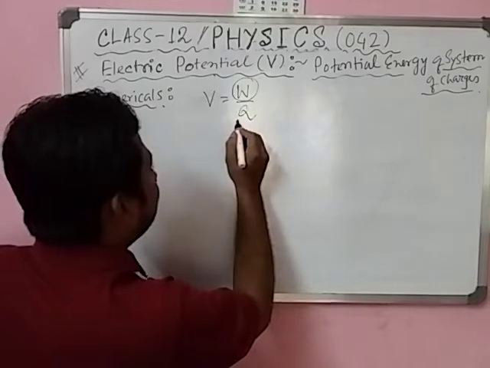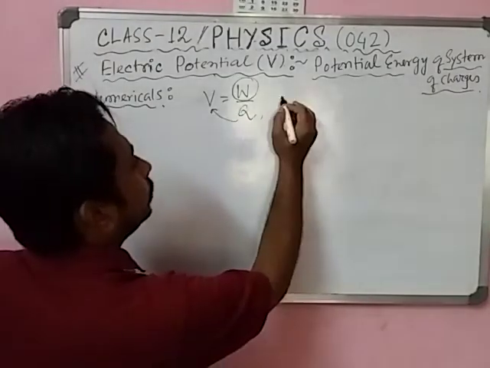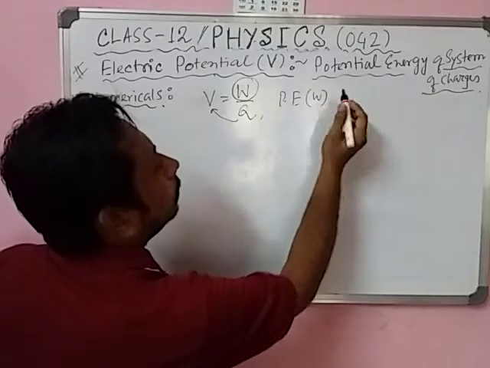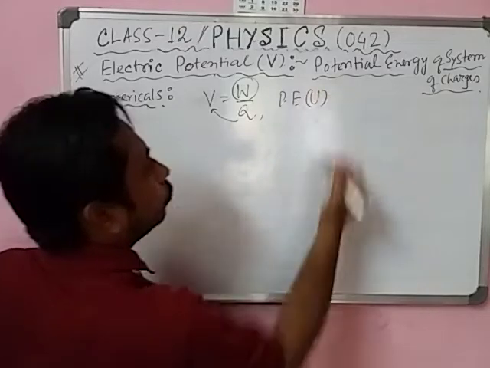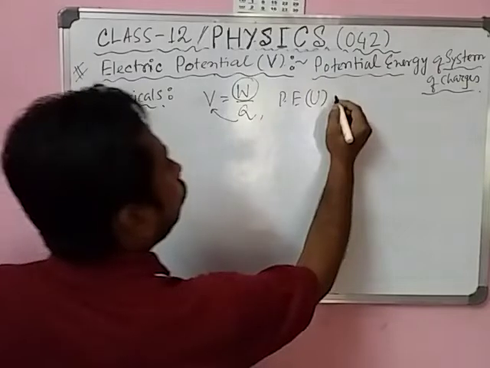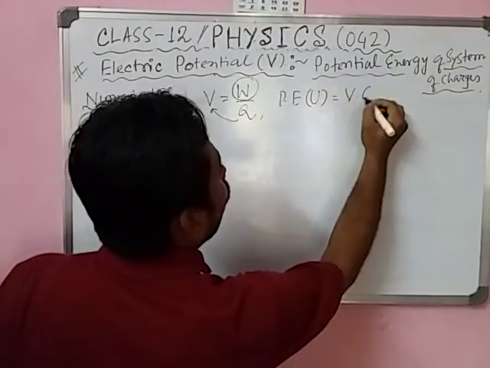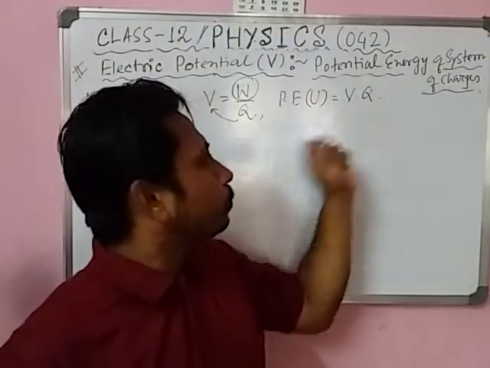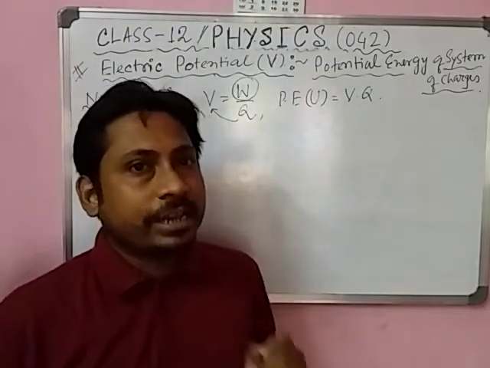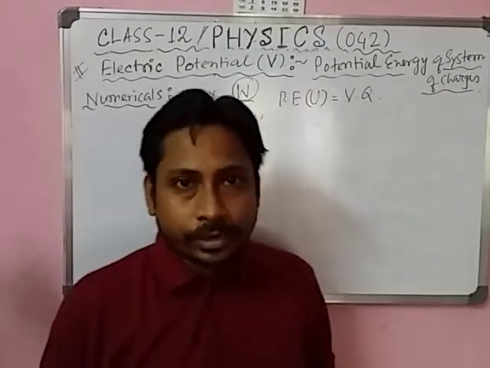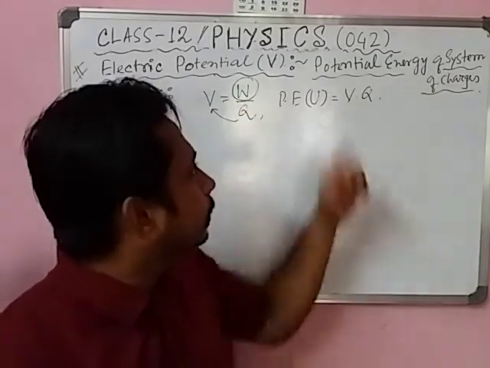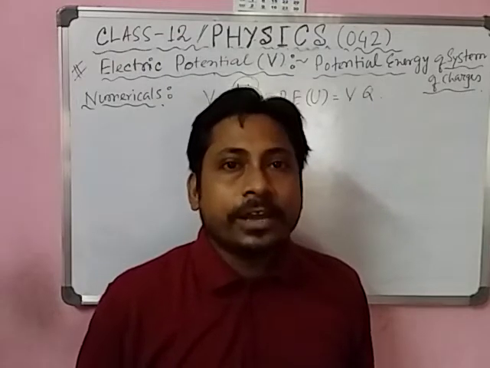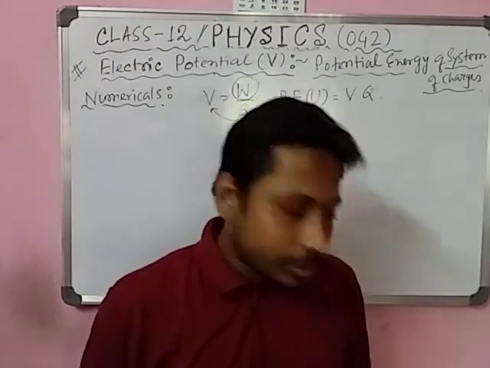So, you just multiply Q with V, you will get potential energy, W, or better you can write U, potential energy denoted by U. So, U is equal to V into Q. If you multiply charge with potential, you will get potential energy. But students, our today's topic is potential energy of a system of charges, and we'll perform some important numericals. Okay, let's get started.